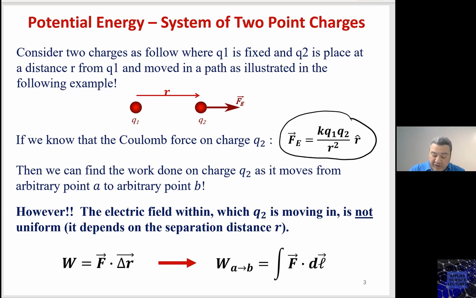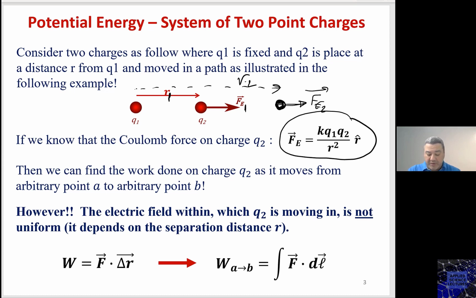So at this location, if we assume that this is R1, then I have here FE1. Now, what's going to happen if this charge moves to this location? Then the force is going to change. It will not be FE1 anymore. It will be FE2, and the distance will also change and become R2.